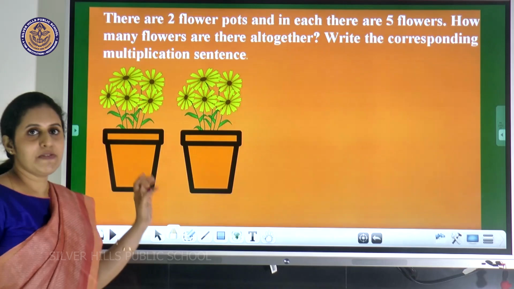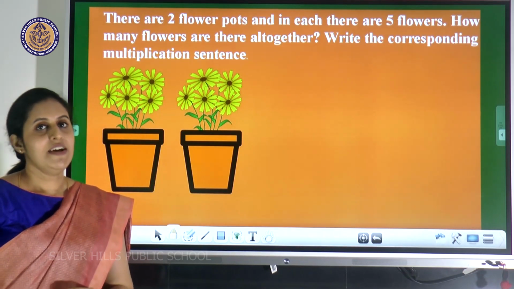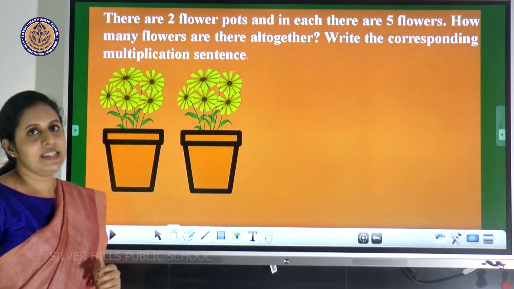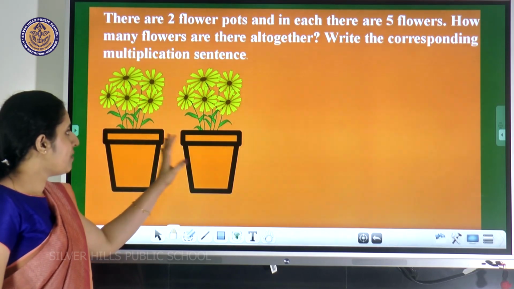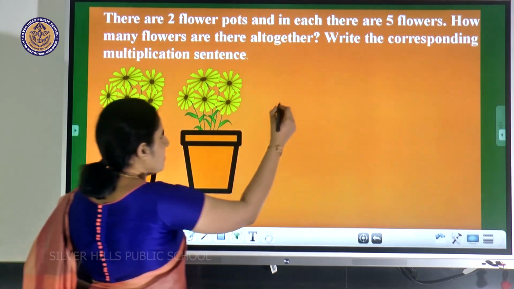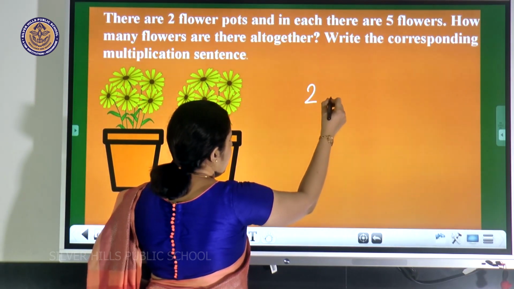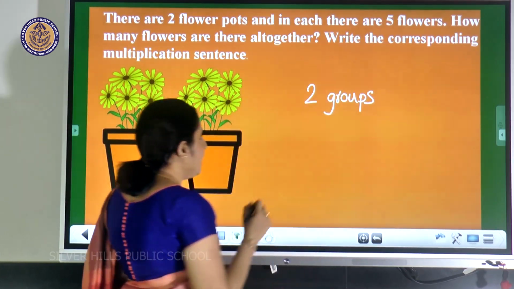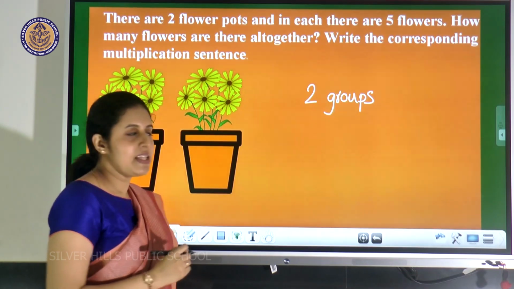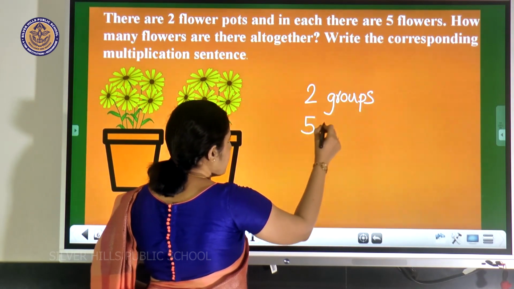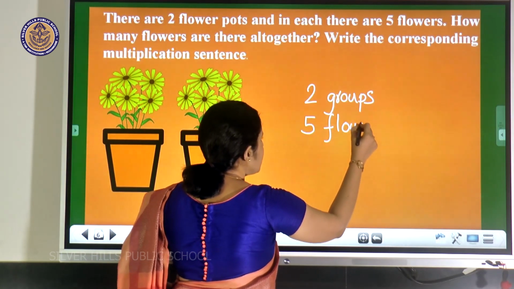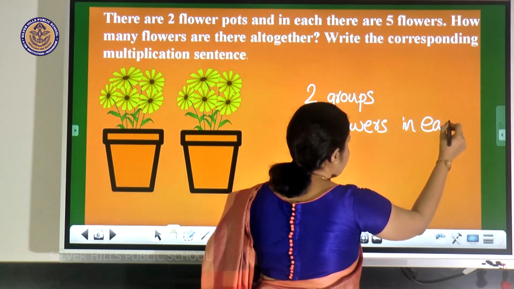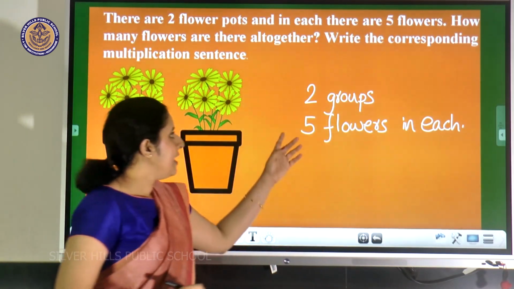So, here again, flower pots we are taking as groups. 2 flower pots are there, meaning 2 groups are there, right? And in each group, how many flowers are there? 5 flowers in each.